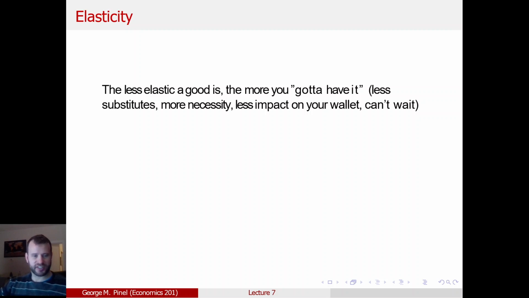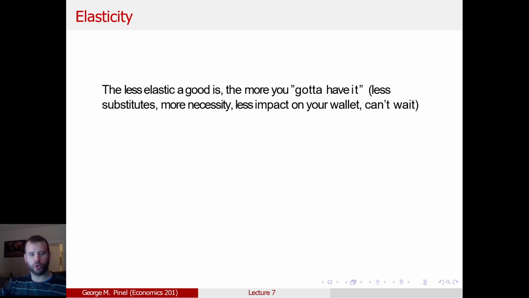Okay, necessity is another thing, right? So you need insulin. There's no substitutes for it, but let's say there were substitutes, but you still need something along the lines of insulin. Well, even if there's 3 other substitutes, you're still more inelastic with insulin than you are with soda because guess what? You don't need soda.